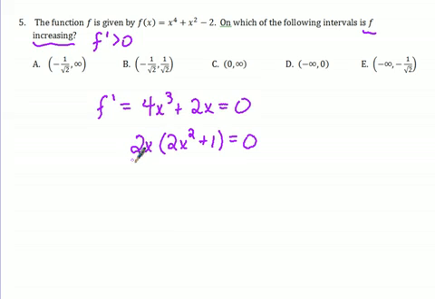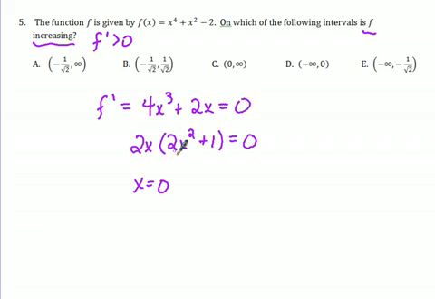So that means if 2x equals 0, then x has to be 0, or 2x squared plus 1 equal to 0. But if you think about this, 2x squared has to be 0 or some positive number. Anytime we square something, we end up with a positive value or 0. And then if I add 1 to that, I'm getting a value that's higher than 0.